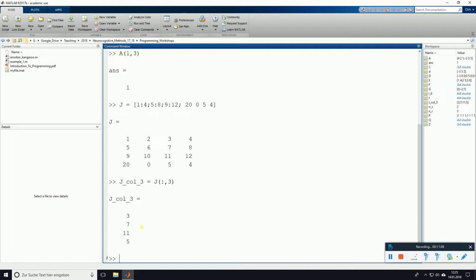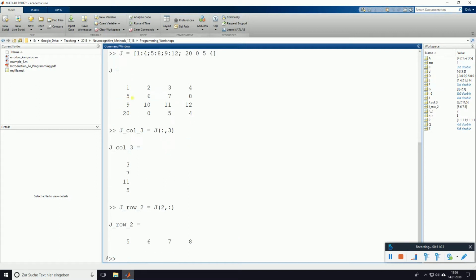Same thing, of course, also works for rows. So if we want, for example, row 2, then we specify the second row over all columns and get 5, 6, 7, 8. This can also be extended to extracting more than one column or row.